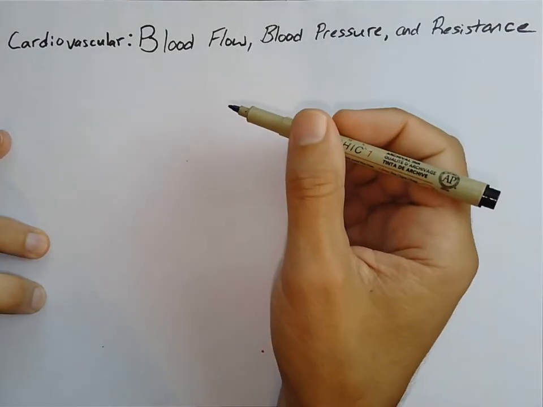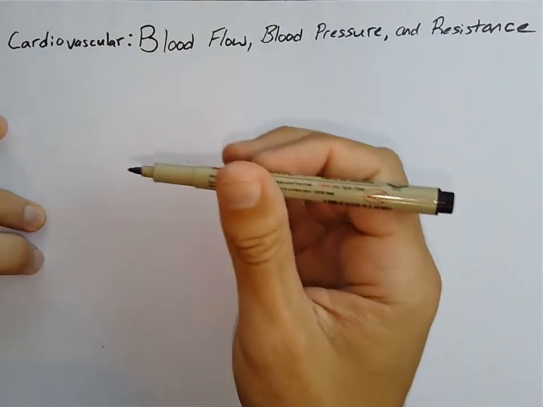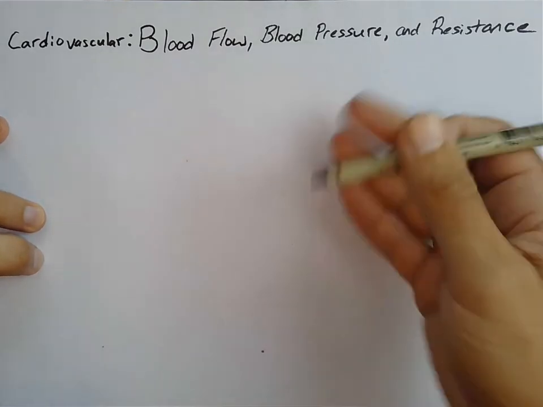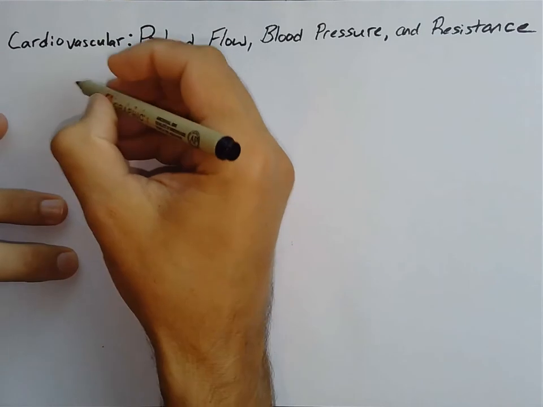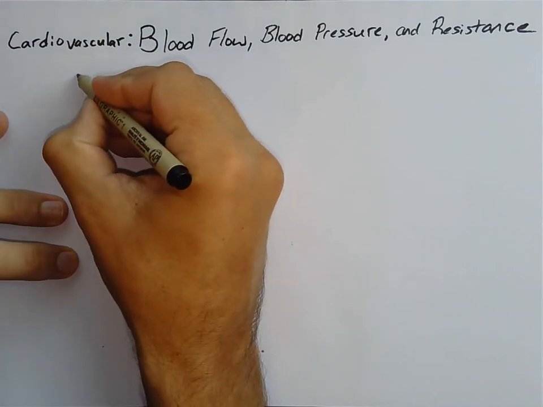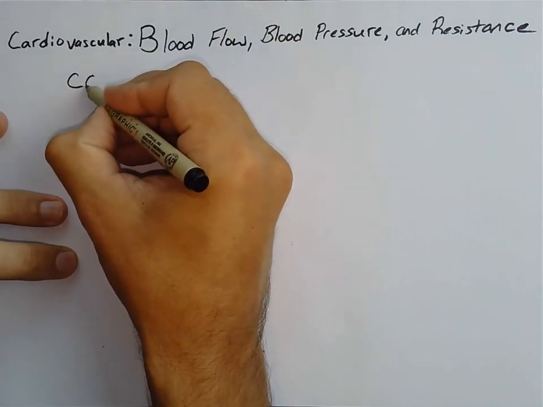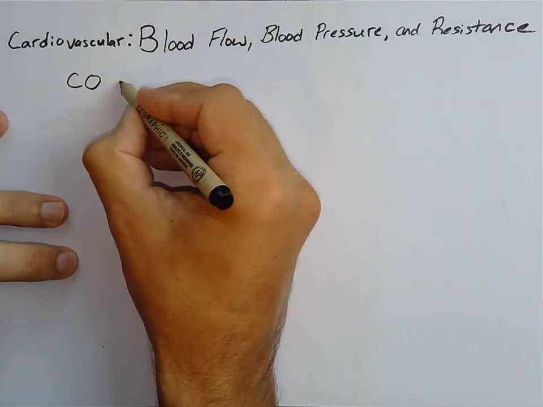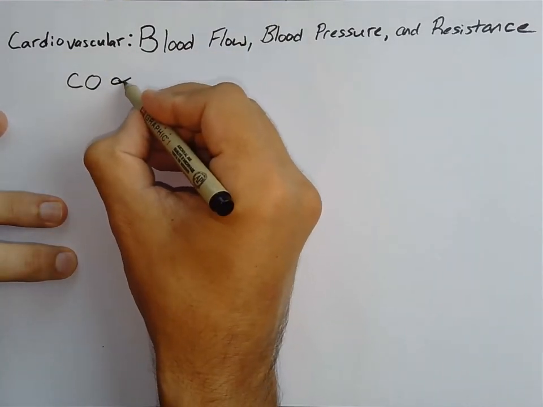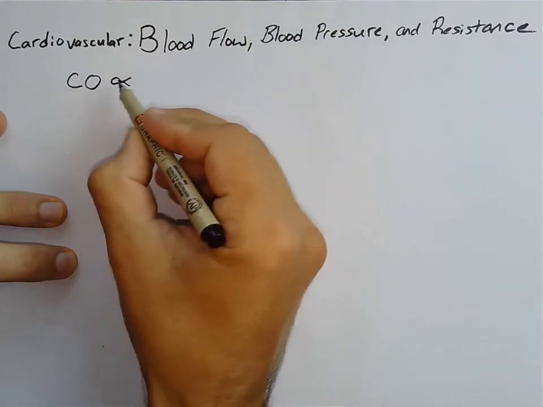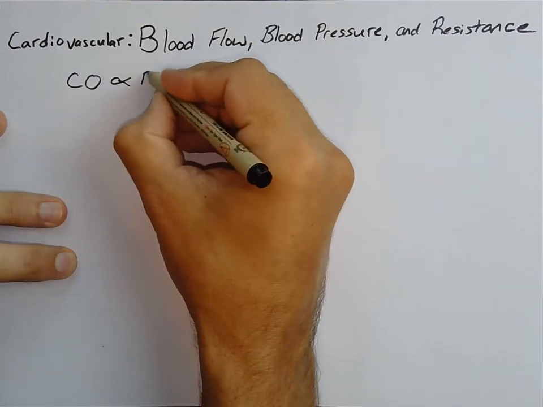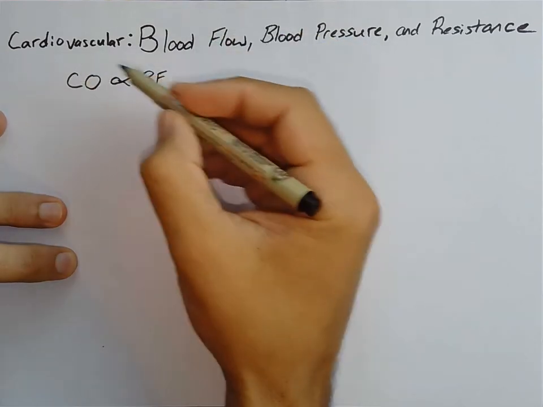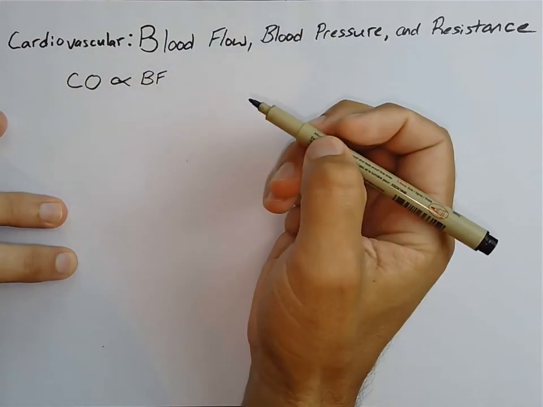If you think about the story that I just talked about, the ejection of blood that creates blood flow, hopefully what you're thinking about is cardiac output. So first and foremost, cardiac output is going to create that blood flow. So we can say cardiac output is proportional to blood flow. As cardiac output increases, blood flow is going to increase.